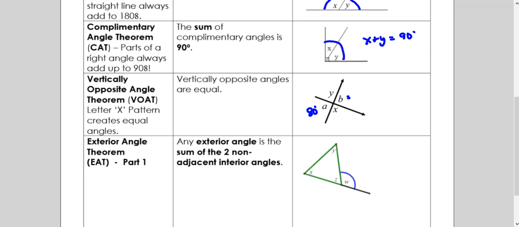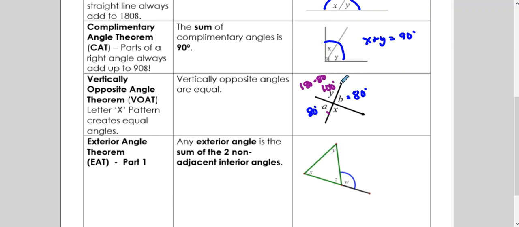Interestingly enough, it's true, and we can actually use the supplementary angle theorem. We know that y has to be 180 minus 80 because it's 180 degrees, right? So that's got to be 100.